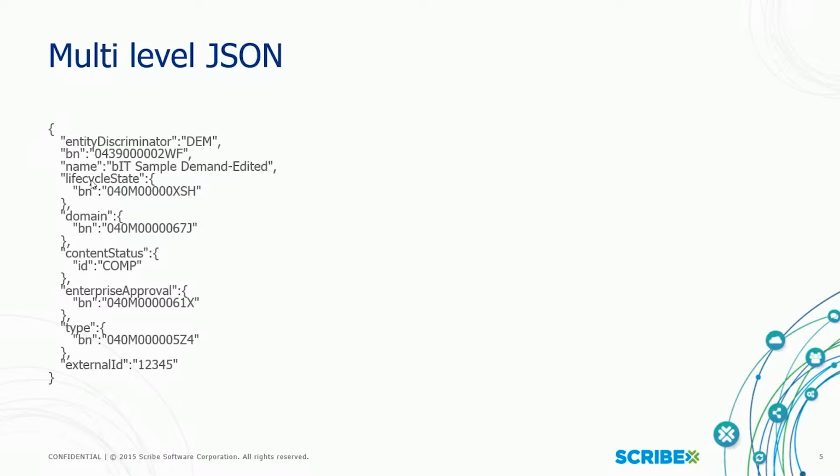And as we come down, the fourth field here, life cycle state, instead of a value, it has multiple values, and it can have multiple values. In this case, we've only got one. It's the life cycle state BN number, which is an identification number for this particular system that we're working with. And then there's domain BN number, and then there's content status ID, etc.